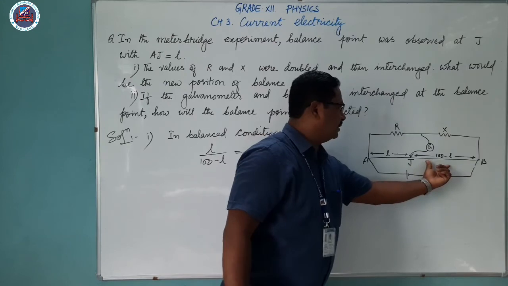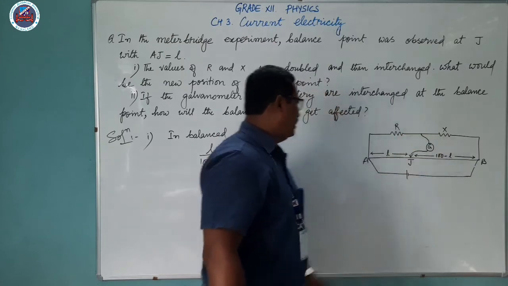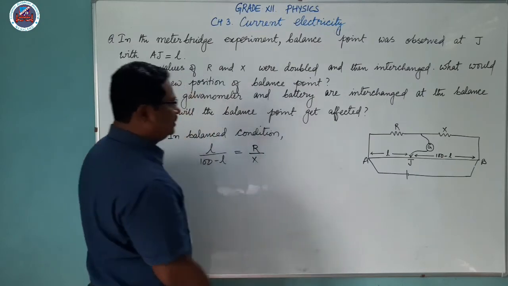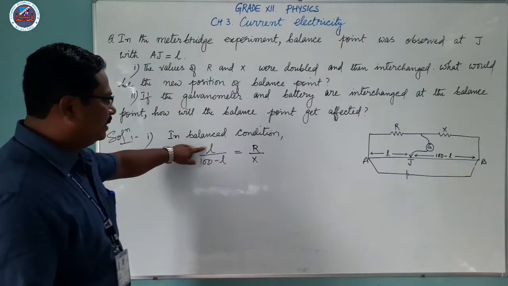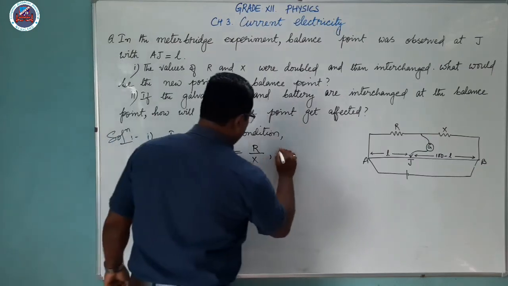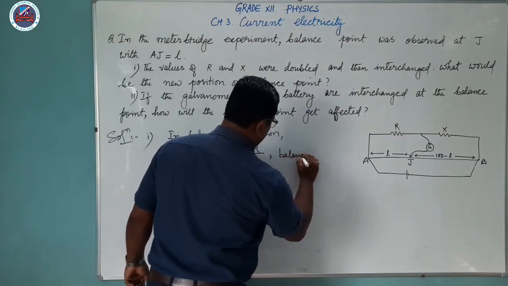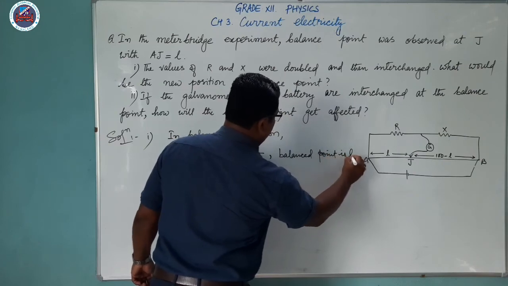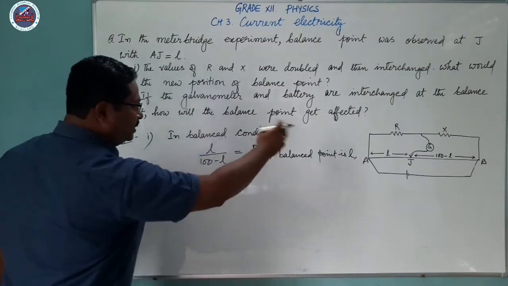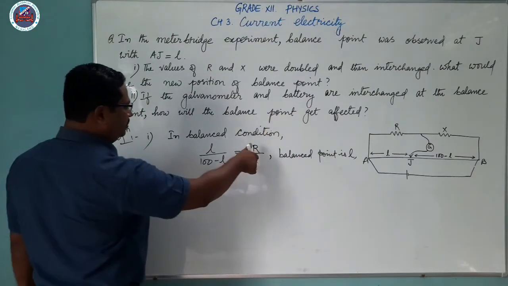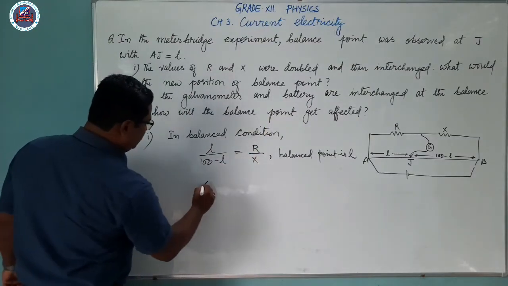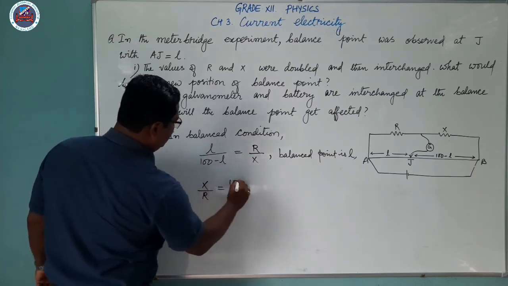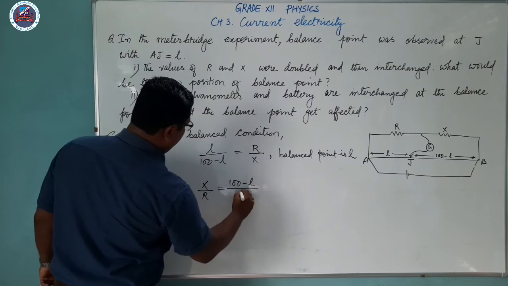L by 100 minus L, P by Q, equal to R by X. In this state, the balance point is L. Now as you are going to interchange R and X, it will become X by R, then it will become 100 minus L divided by L.